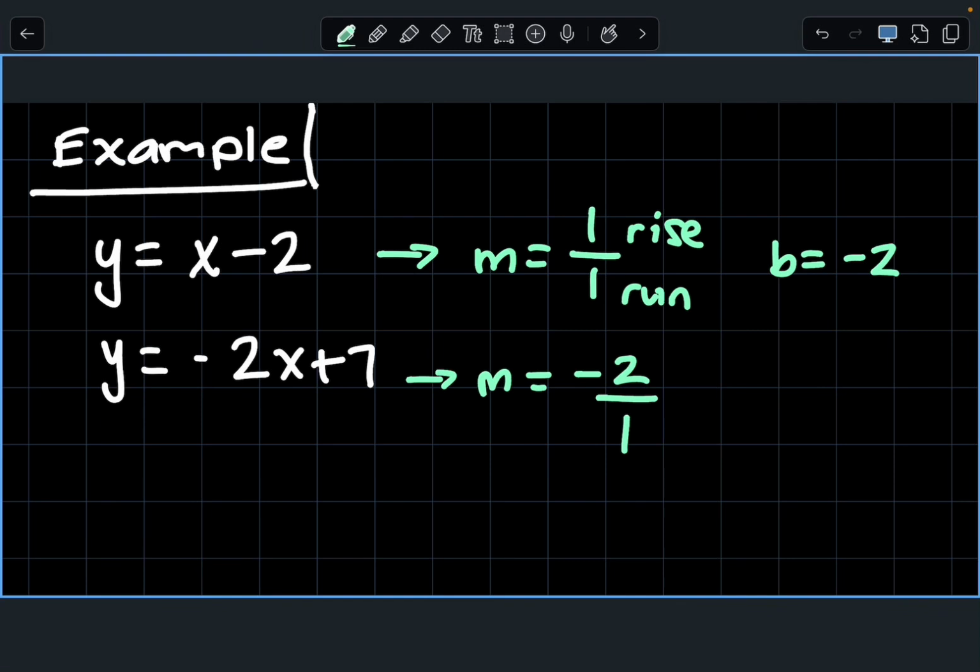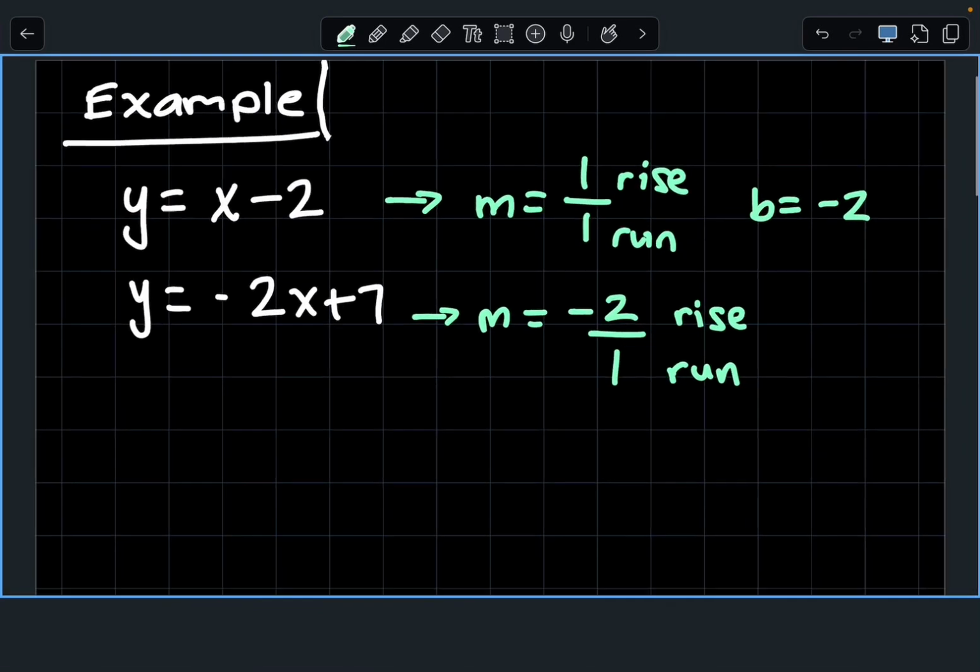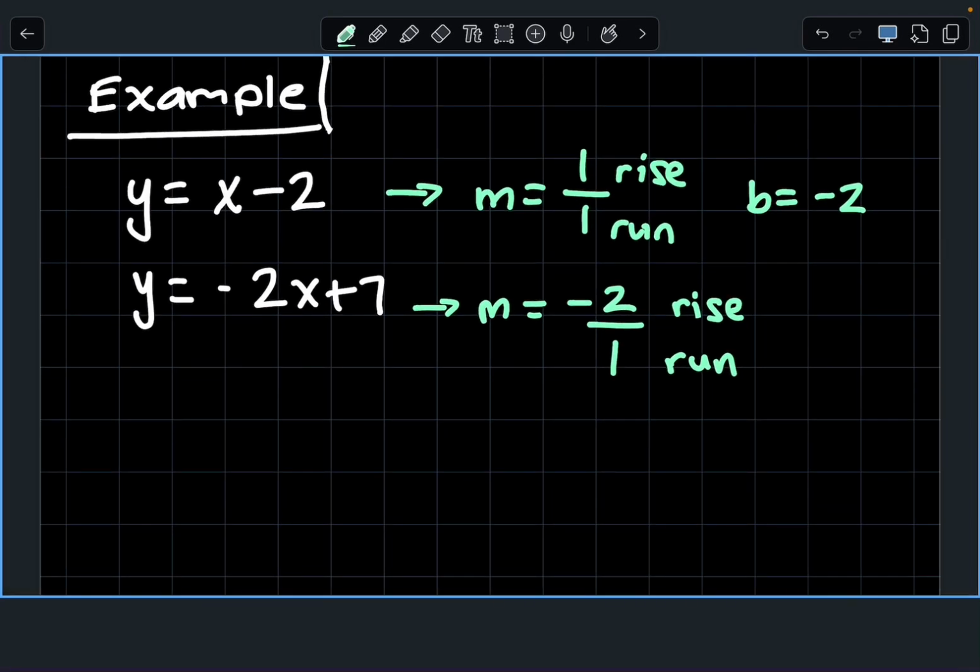That's incorrect. We're always going to graph to the right. So this will be negative 2 down and 1 to the right, with b of 7. So a starting value of 7.